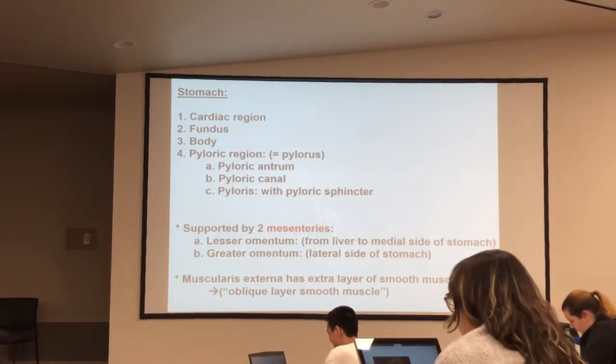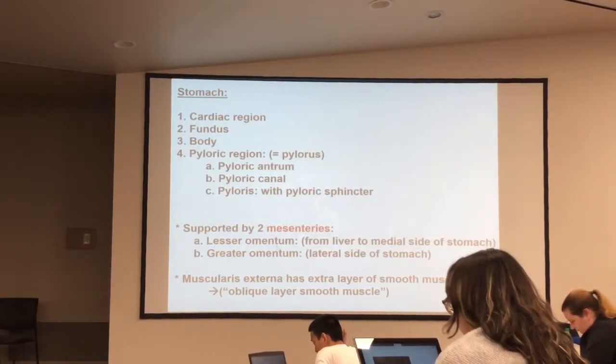So here, the first thing we know is how they are supported by mesenteries. Close to the liver is the lesser omentum. On the outer curve is the greater omentum, and the muscle has an oblique layer. Okay.